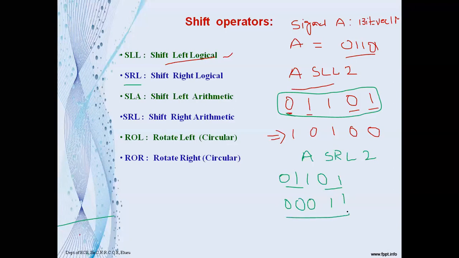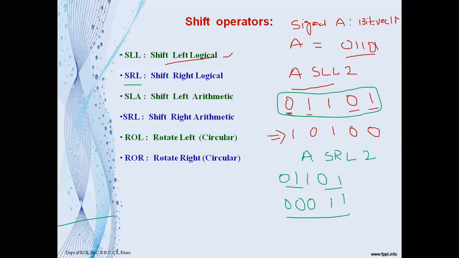So when you are moving the bits left, you are appending logic 0 on the right side. For the right shift, you are appending 0 on the left side. These are the examples for shift left and shift right logical.